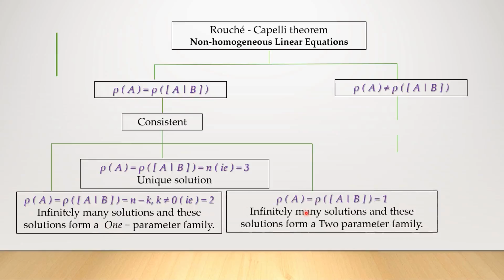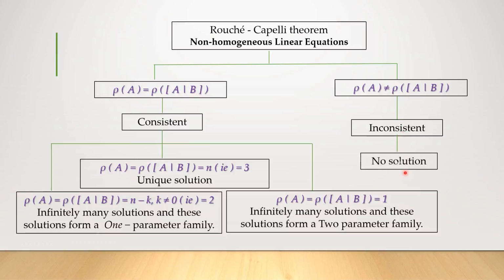The third case is if the rank is 1, then we will get infinitely many solutions and these form a two parameter family. That is, for these three solutions we have two variables and the other solution is based on those two variables. If the rank of A is not equal to the rank of [A, B], we can directly write that it is inconsistent and has no solution.